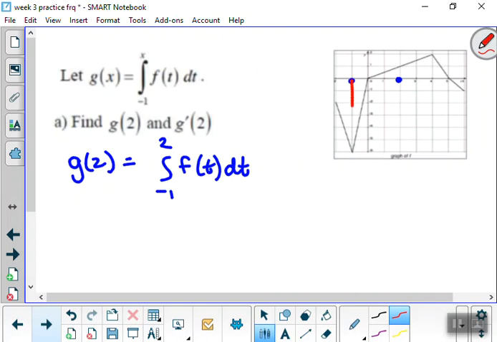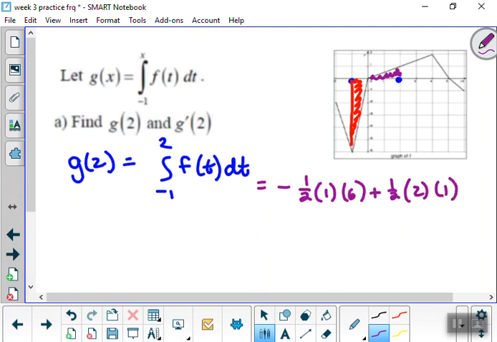So this area and this area. It looks like we're looking at a -1/2 times 1 times 6 and a +1/2 times 2 times 1. So -3 plus 1 is -2.